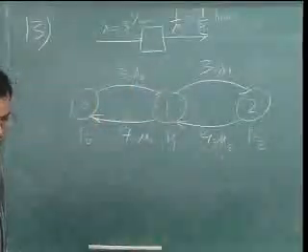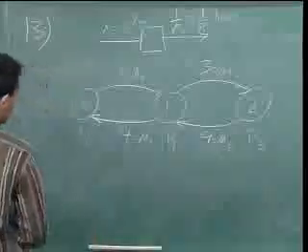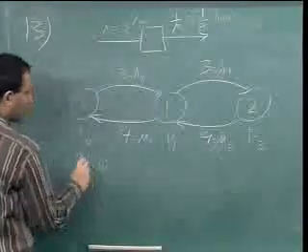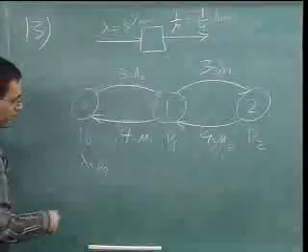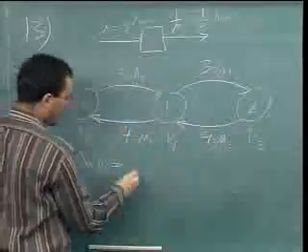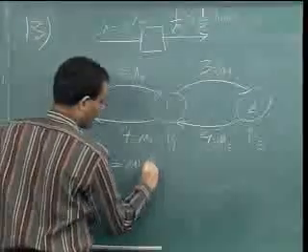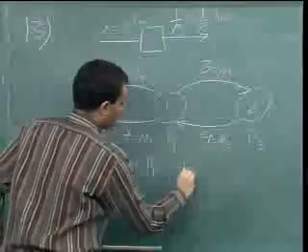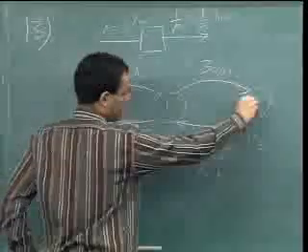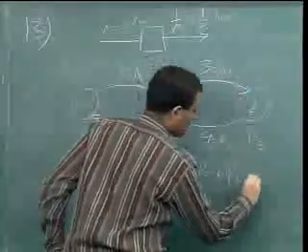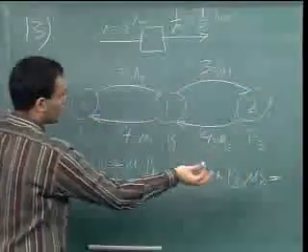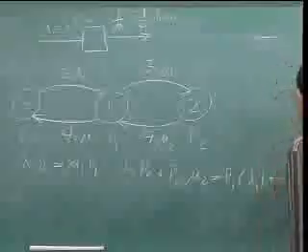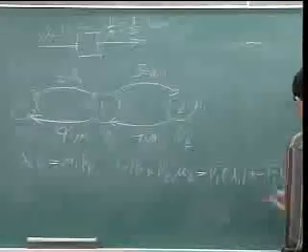And these are P0, P1, P2. Let me make sure I don't make a mistake. Going out here would be with rate lambda 0. With probability P0 you're here, with rate lambda 0 you leave here. This equals the rate that you come back here, mu1 P1. Then you have the same thing for here. The rate in here is lambda 0 P0 plus the rate which comes here, P2 mu2, which equals the rate which goes out of here, P1 lambda 1 plus P1 mu1.